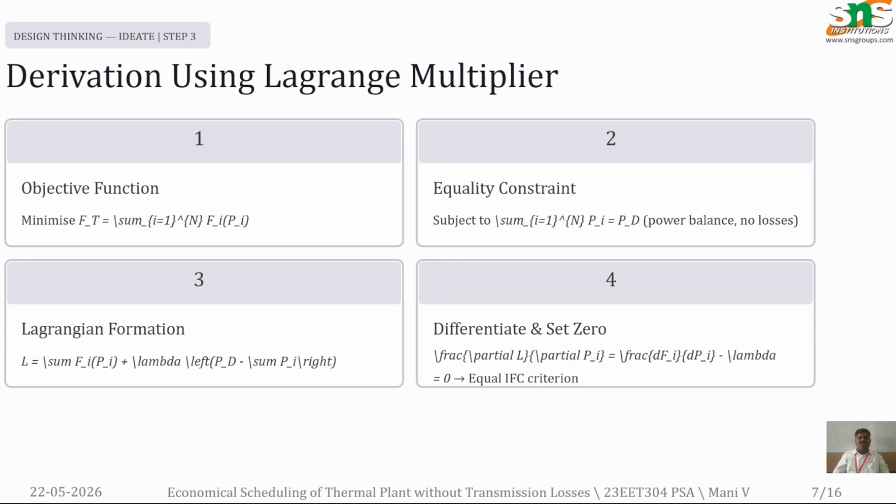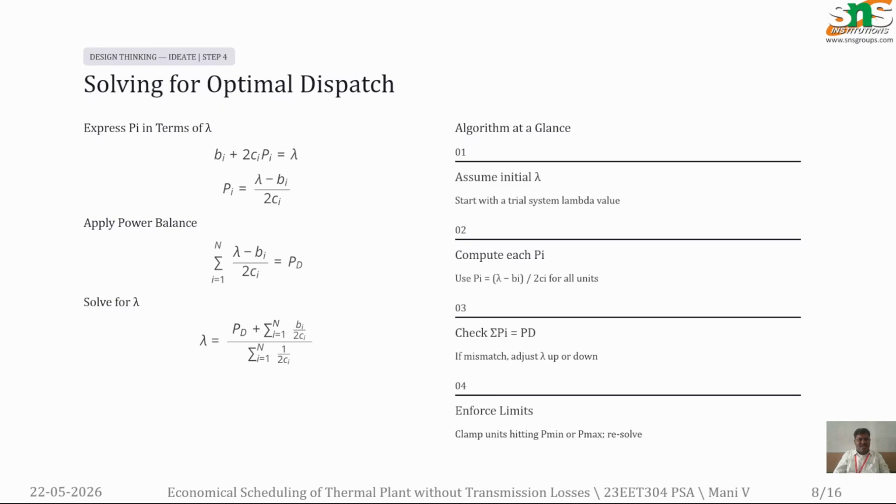This is the derivation using the Lagrange multiplier. First, the objective function: we minimize the total fuel cost. For the equality constraint, we have to meet the power demand with no losses, so generation equals demand power. We use the Lagrangian formula, differentiate, and set it to 0 to get the equal incremental cost criterion.